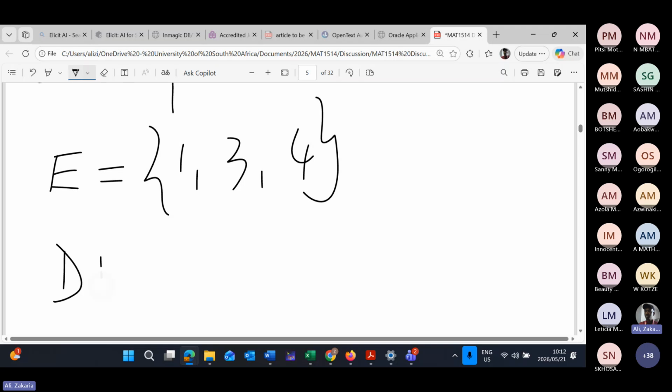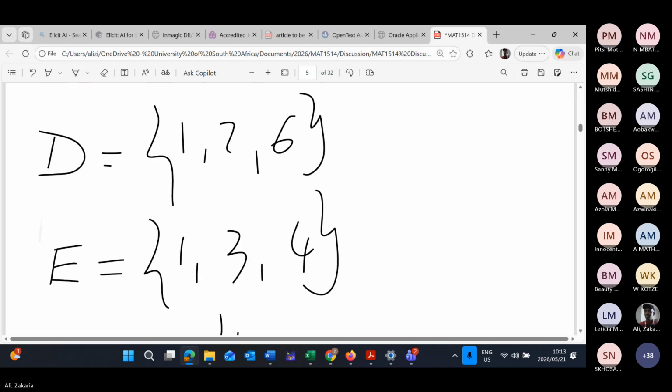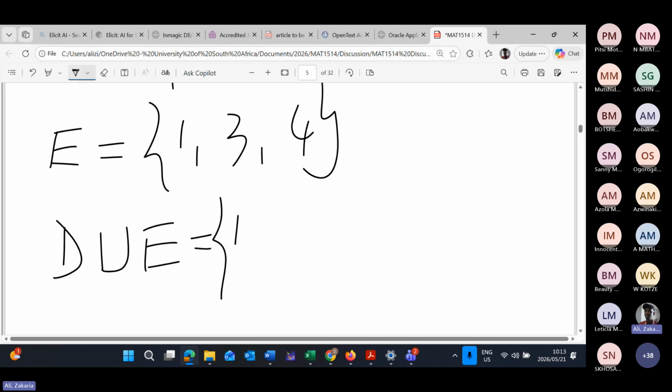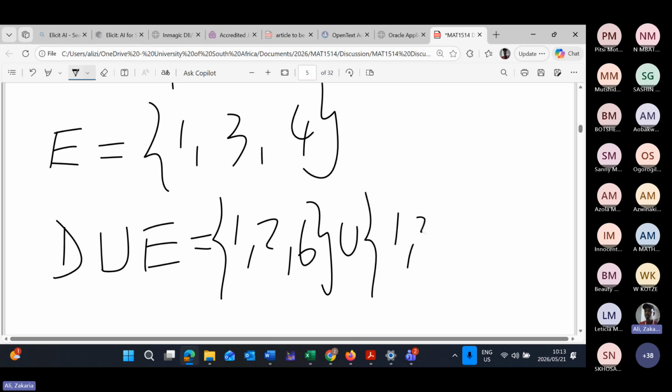D or E is the same as E or D. So if I rewrite them, it is 1, 2, 6, then the or, 1, 3, and 4. So how do I take it?